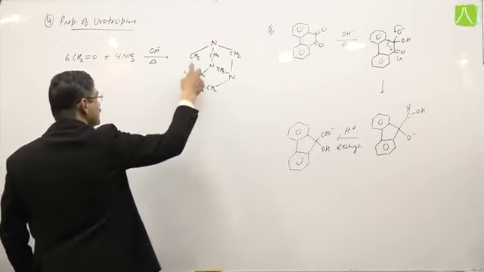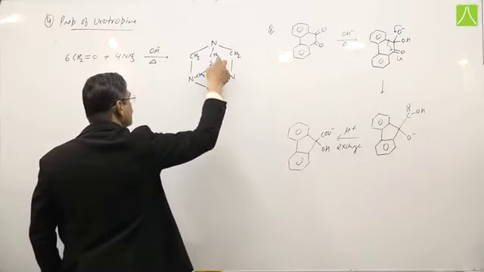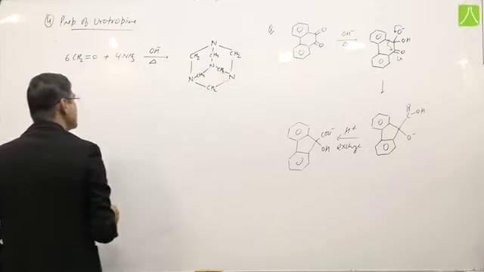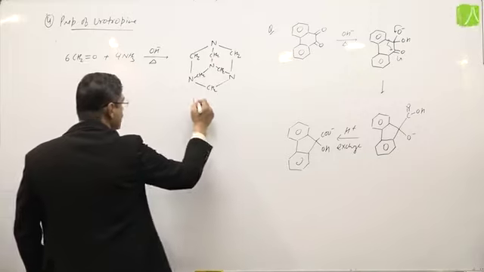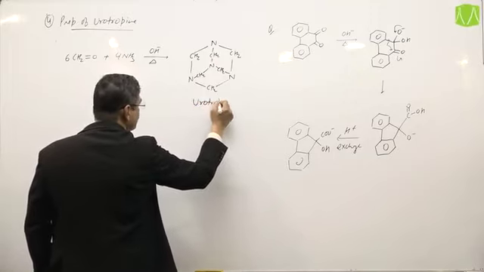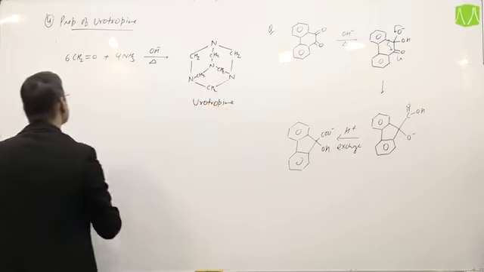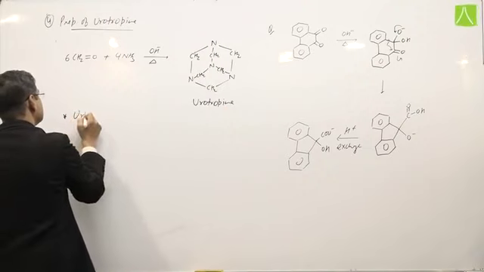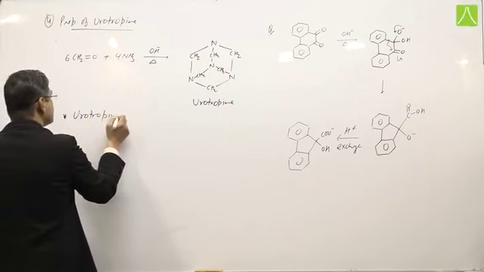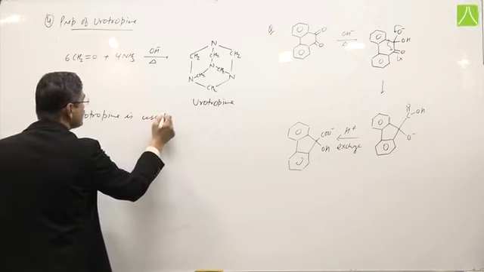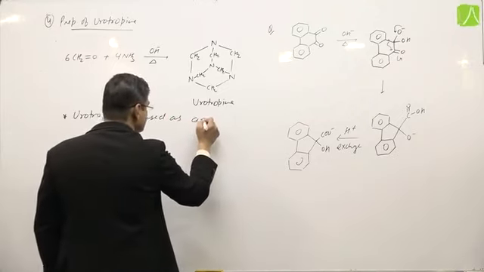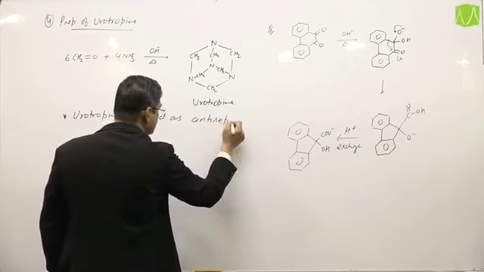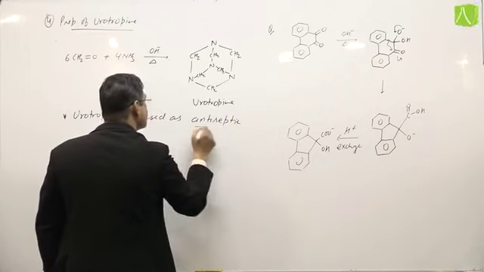So 6 CH2 molecules are there and 4 nitrogen molecules are there. So it is a condensation type of reaction, and this is known as urotropin. Urotropin is used as antiseptic, urinary antiseptic.